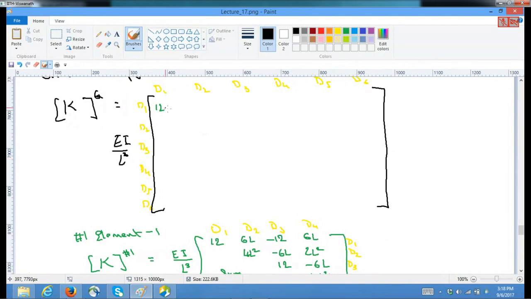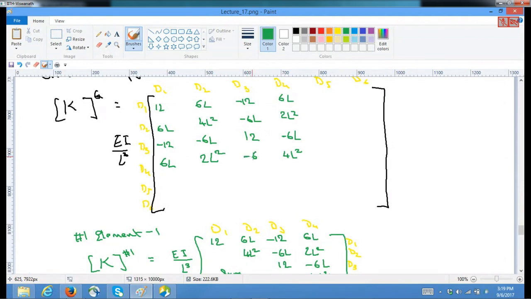So this is 12, this is 6L, minus 12, 6L, this is 4L square, minus 6L, 2L square, 12, minus 6L, and 4L square, which because it is symmetric, I also have to write this as 6L, and this is minus 12, this is plus 6L, and this is minus 6L, 2L square, and this one is minus 6L.